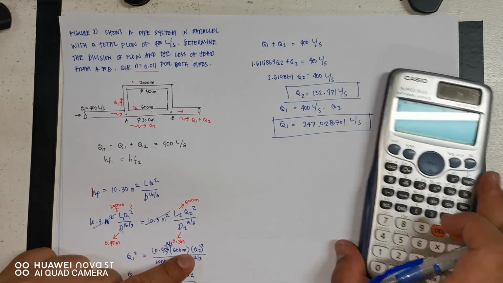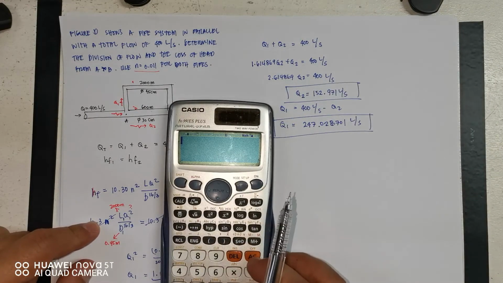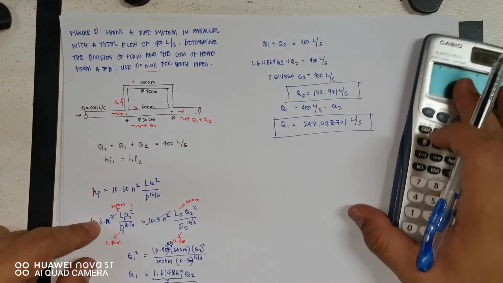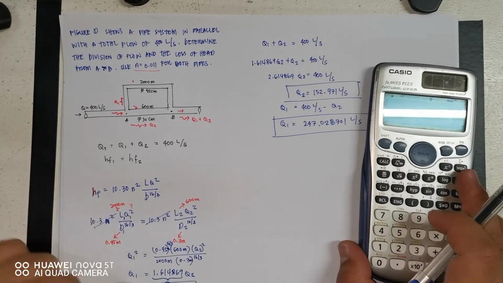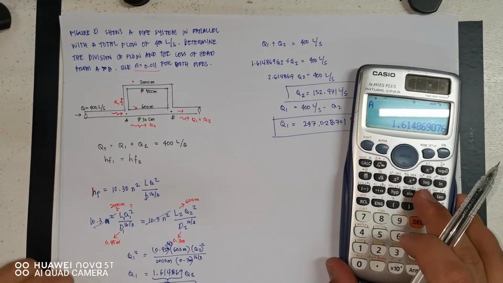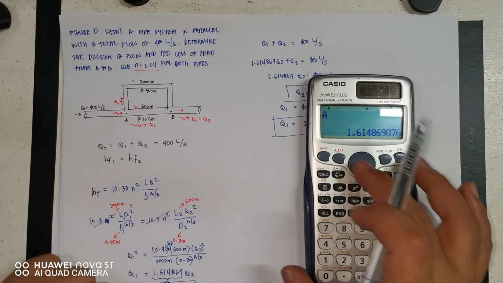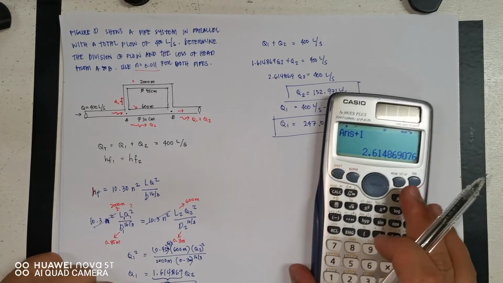So nagkaroon lang tayo ng slight discrepancy dahil nag-round off tayo dito. Try nga natin, huwag tayo mag-round off. Save natin si Q2. So si Q1, ito pa rin ba siya? So 1.6, siya pa rin siya. Plus 1 natin para 2.6.